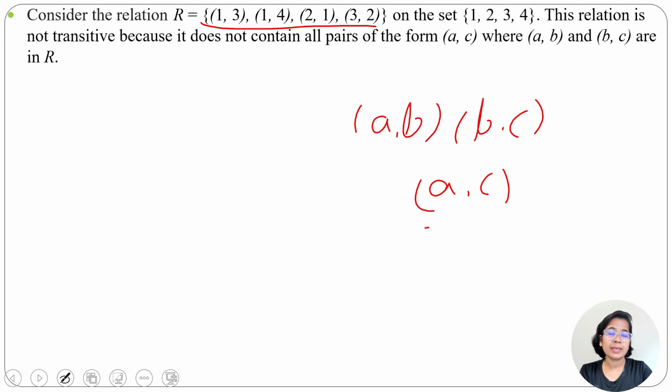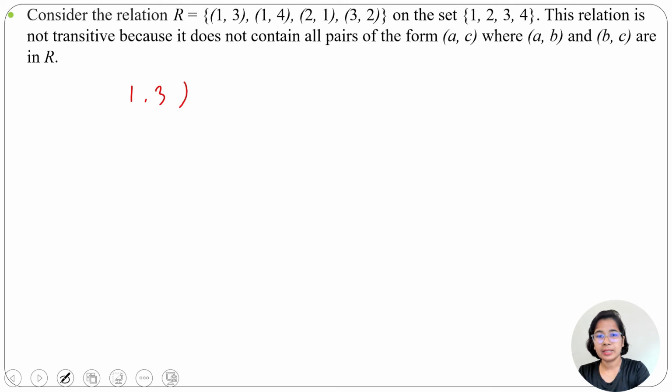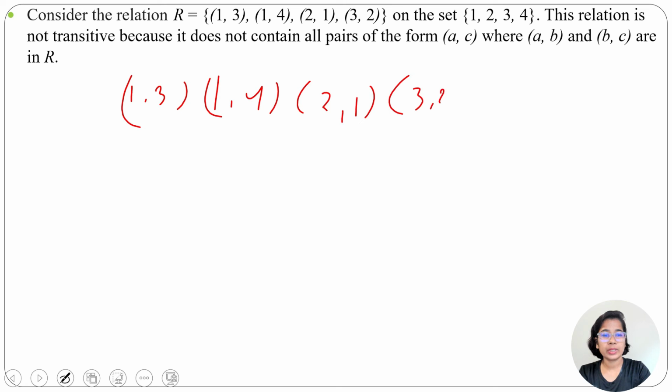So to make it transitive, we'll add some ordered pairs. Here (1,3) is given, (1,4) is given, (2,1) is given, (3,2) is given. So (1,3), (3,2): we'll add (1,2). Then (2,1), (1,4): we'll add (2,4). (1,2), (2,4), (1,4) is already there.